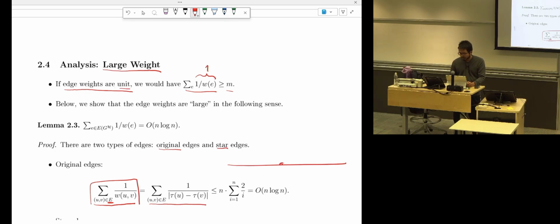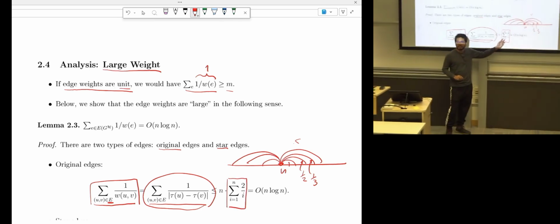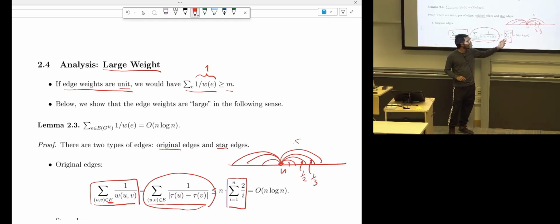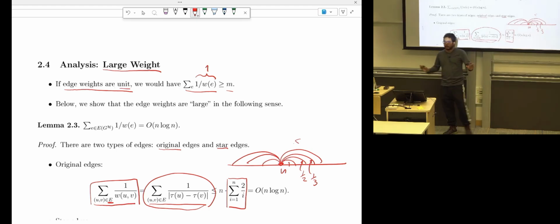But we have seen that if I look at the node U and sum up the contribution of the edges incident to U, this thing will contribute 1, this thing contributes 1/2, this thing contributes 1/3. So this sum is at most the harmonic sum for each node U. So in total this is just n log n.